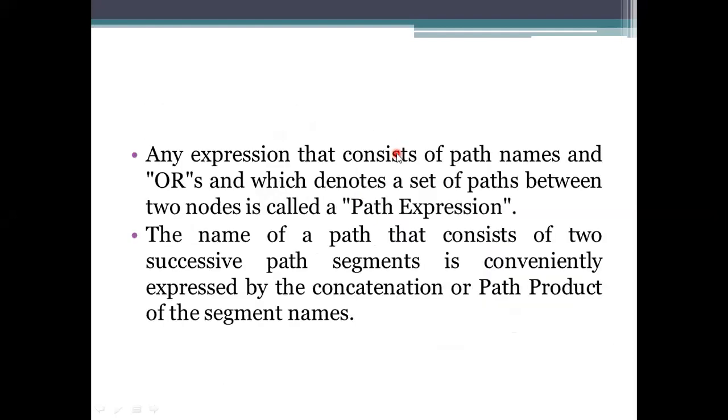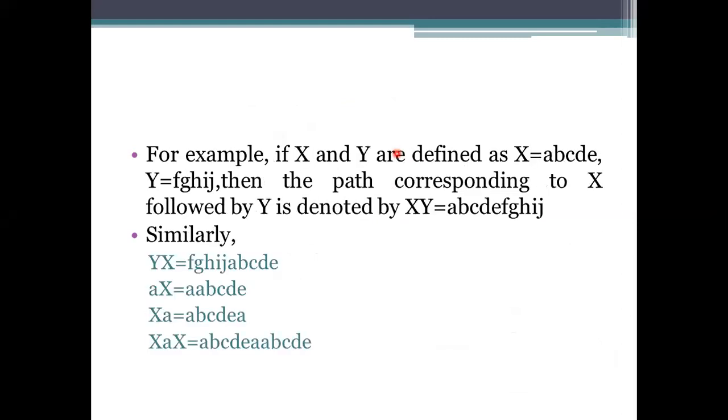And coming to what a path expression means, if you are taking a set of paths into consideration, then it can be specified as a path expression. So here the example can be, we can take multiple paths to process. Here I take the example XY. X is defined as ABCD, Y is defined as FGHIJ.